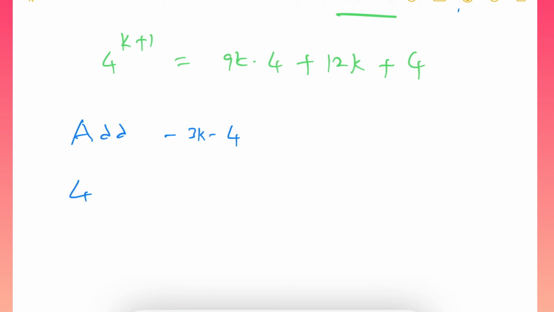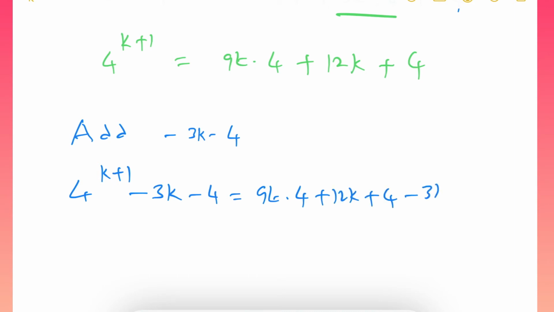So we get 4 power k plus 1 minus 3k minus 4 equals 9 into 4 plus 12k plus 4 minus 3k minus 4. Whenever we are doing addition or subtraction for any equation, we need to write it just once. So that's why I wrote minus 3k minus 4 only once.